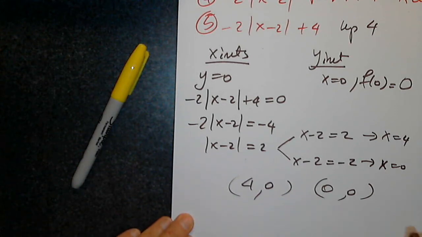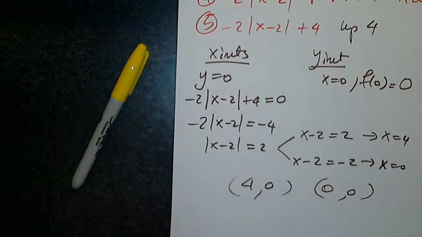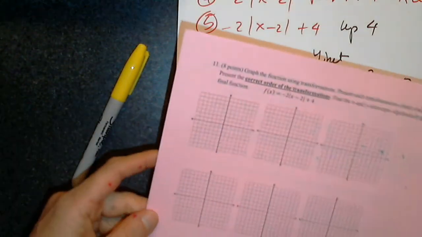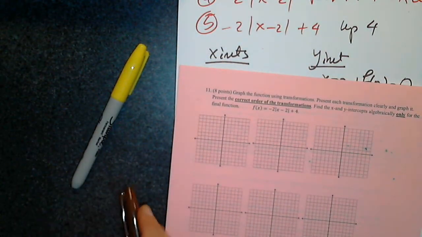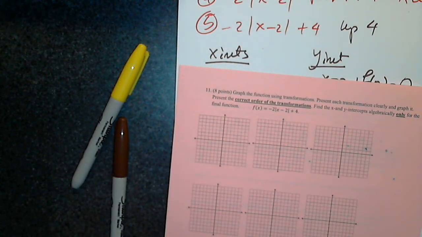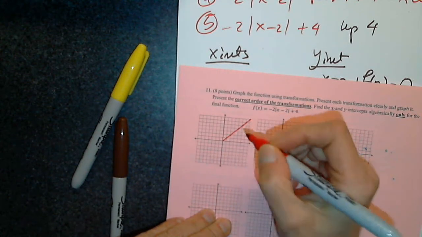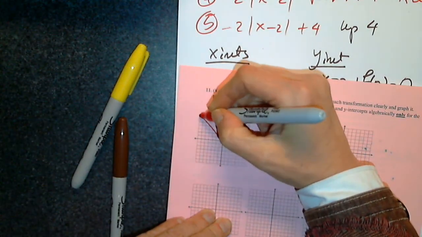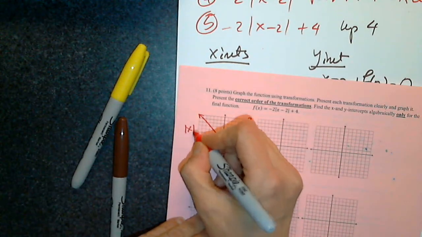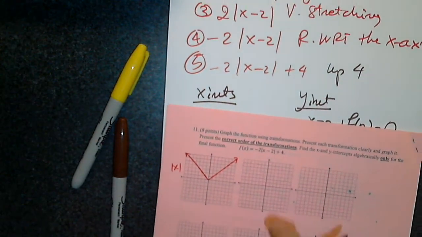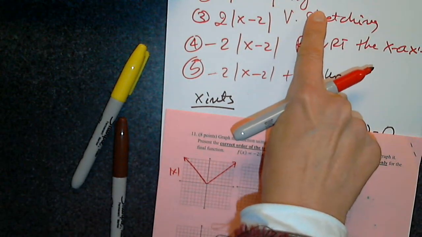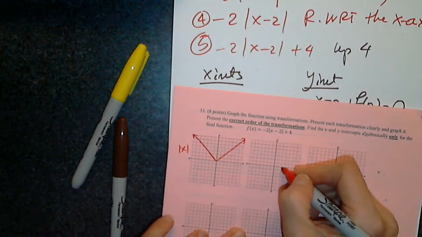Okay. So now, here's what I do. I graph the base function. I know how to graph the absolute value. You told me to shift it 2 to the right. Okay, fine.